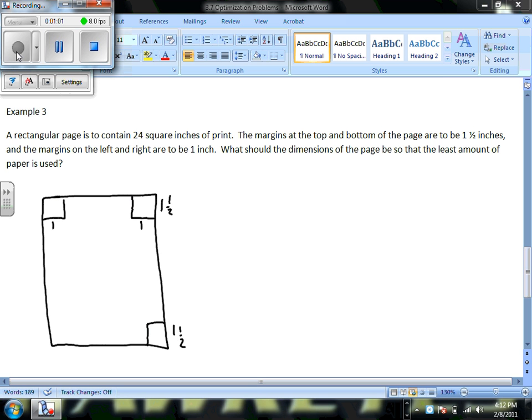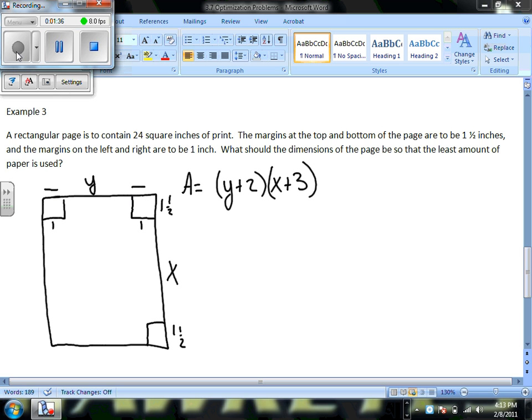So our print has got to be some x by y, and the whole page would be y plus 2 by x plus 3. If I'm going here, I'm going to add 1 this direction and 1 here. This is the area that I want to minimize.